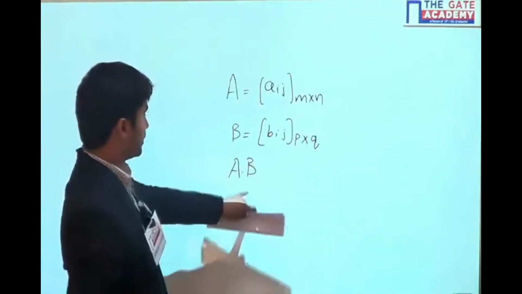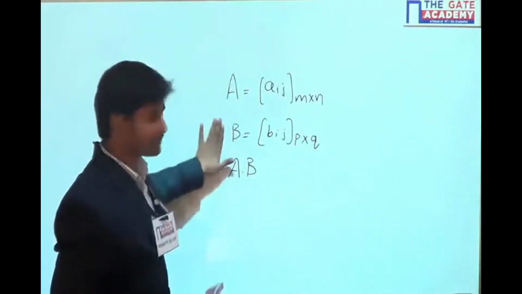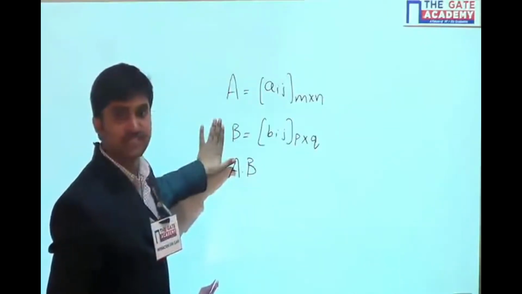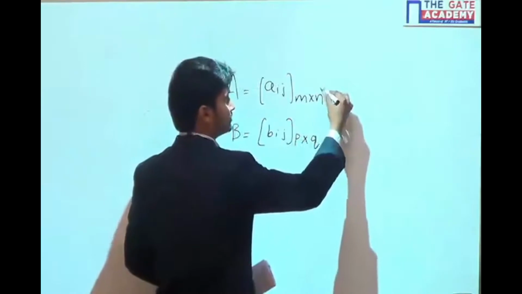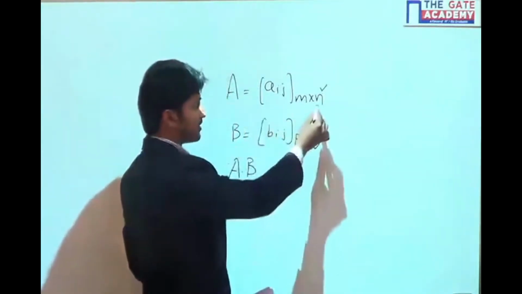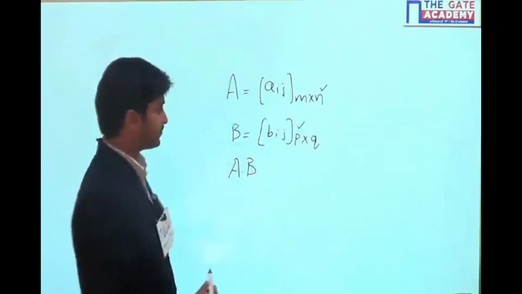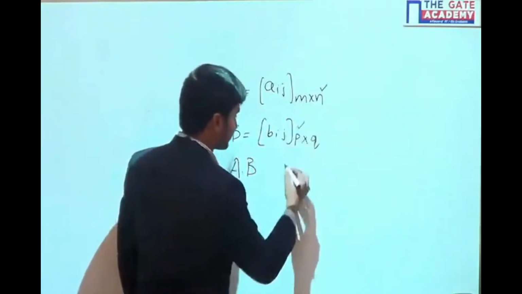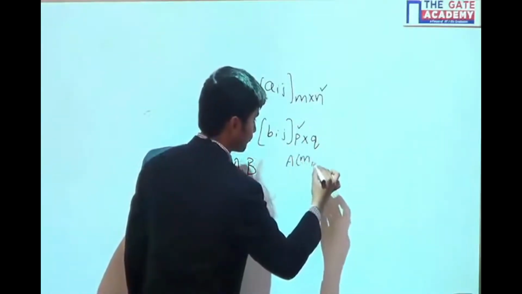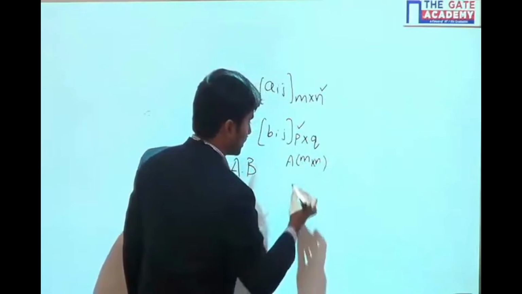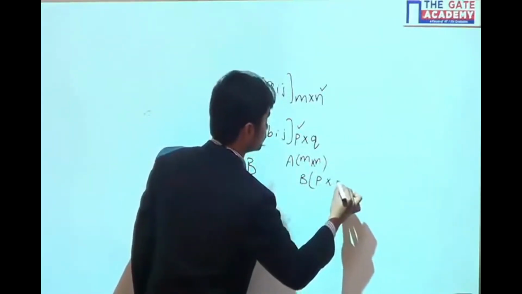Now, in order to multiply the matrix A with the matrix B, one condition has to be satisfied. That is, the number of columns of the first matrix A should be equal to the number of rows of the second matrix B. So the size of the matrix A is m cross n, and the size of the matrix B is p cross q.